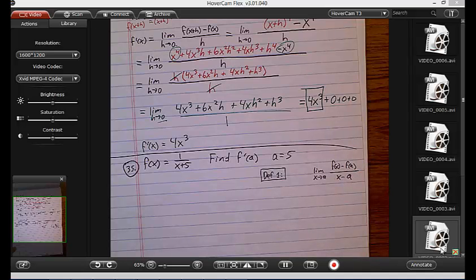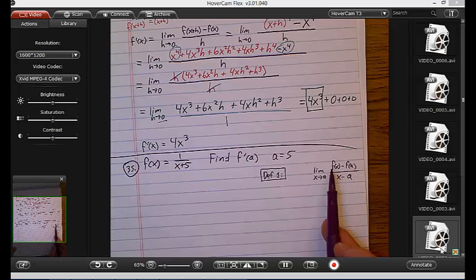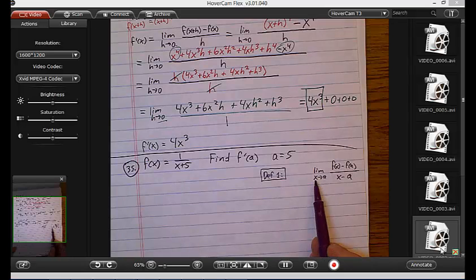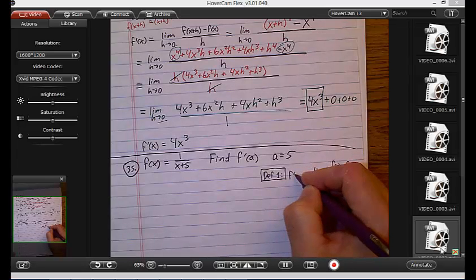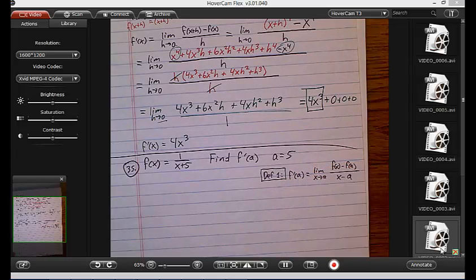If you think about it, this fraction is the slope formula, right? Slope of a secant line. And we're taking the limit as x gets close to a, and we remember that as x and a get closer and closer together, you're approaching the slope of the tangent line, which is what we call f prime of a.